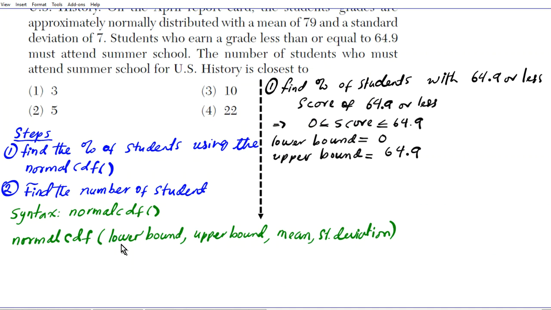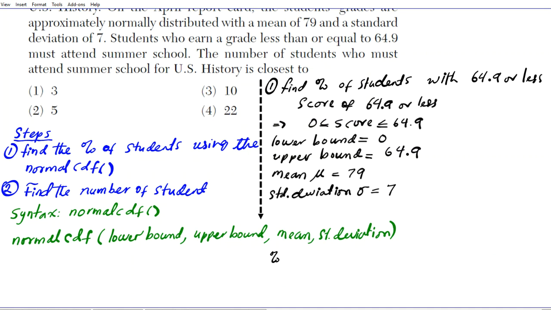So for the syntax, you notice we need the lower, upper, the mean and standard deviation. And our mean is given by the value 79, and our standard deviation is 7. Okay? Alright, so with this information we can calculate the percentage of students with 64.9 or less.